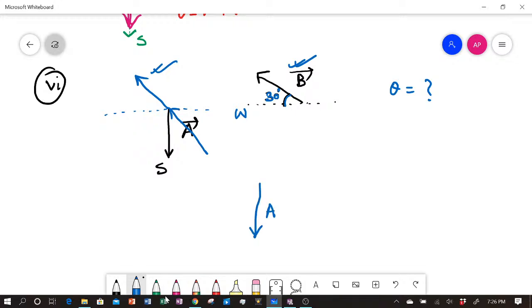If A vector is this and B vector is this, I could draw this also and it would give me this theta.